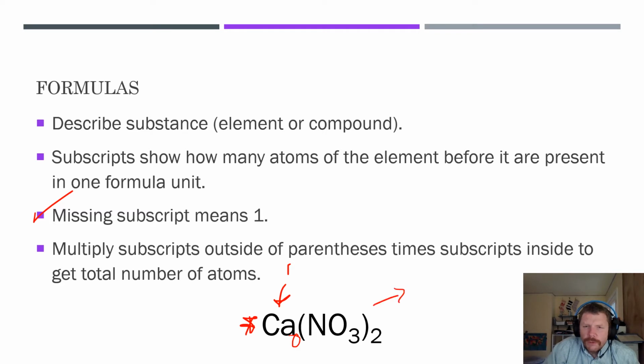So in this molecule right here, the Ca parentheses NO3 close parentheses 2, how many nitrogens are there? Well, if we follow this rule, multiply our subscripts outside by those inside, there would be 2 nitrogen. How many oxygens would there be? Well, we take this 2 and multiply it by 3, and we get 6 oxygens.